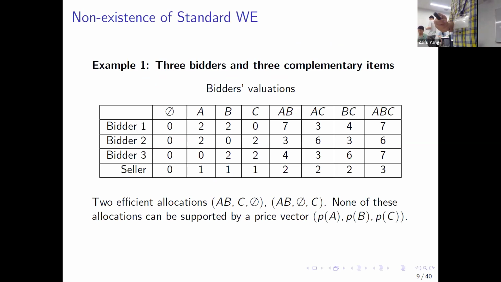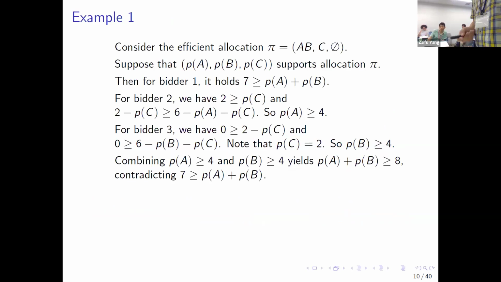If the prices can support this one, this means that taking AB will be optimal for bidder 1. So 7 minus PA, PB should be greater than taking nothing, right? Then for the second bidder, taking C is optimal.